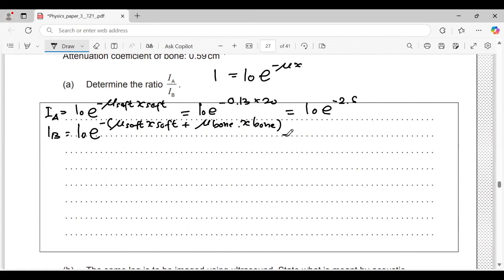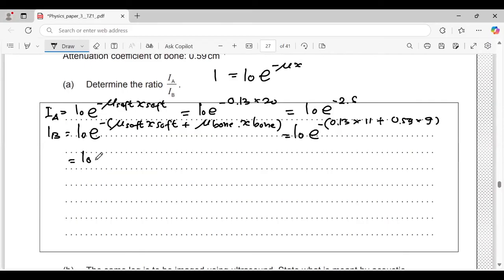It becomes I0 e power minus 0.13 multiplied by 11, because x soft here in IB is 11 centimeters, plus mu bone 0.59 multiplied by x bone 9 centimeters.